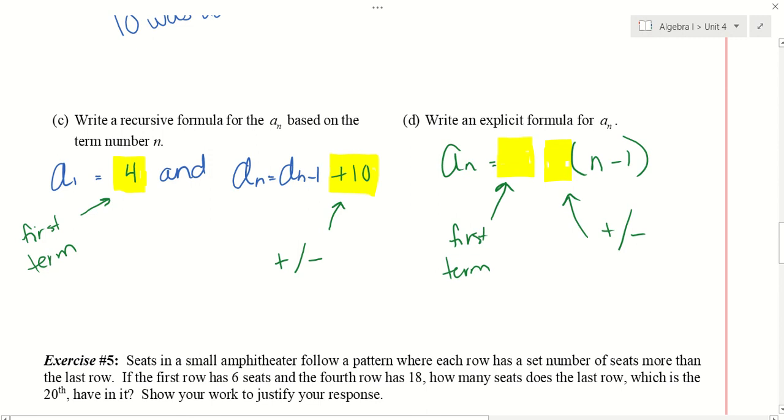Again, first term is 4, adding, subtracting by 10. So 4 plus 10, parentheses, n minus 1. So recursive formula, explicit formula: 2 different things using the same information, just in different looks of how it comes out.